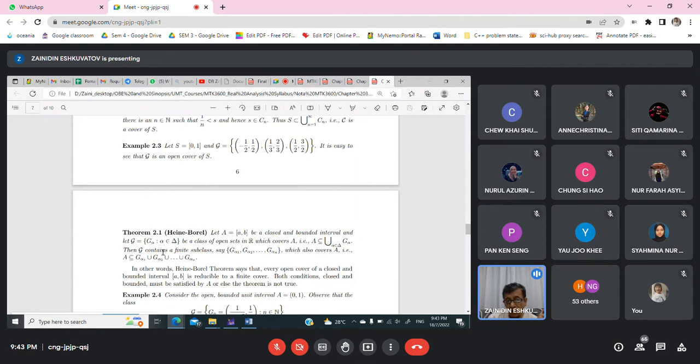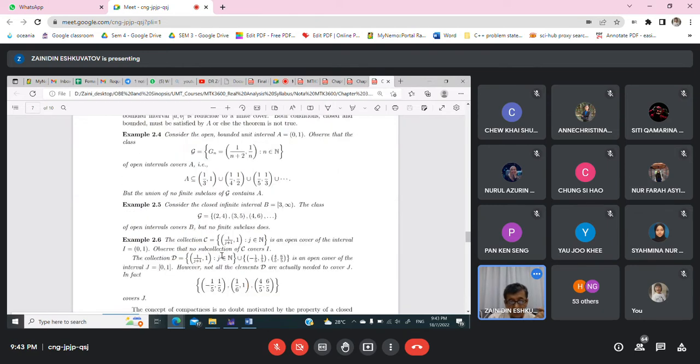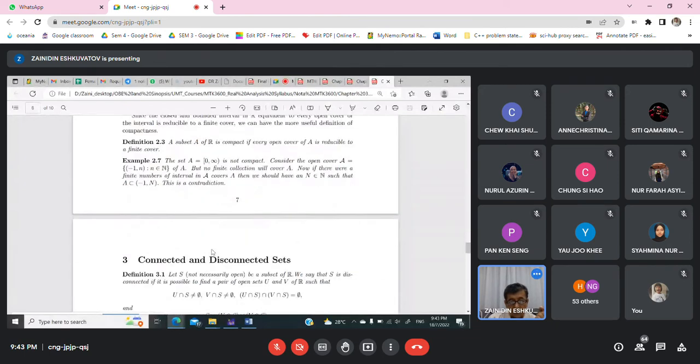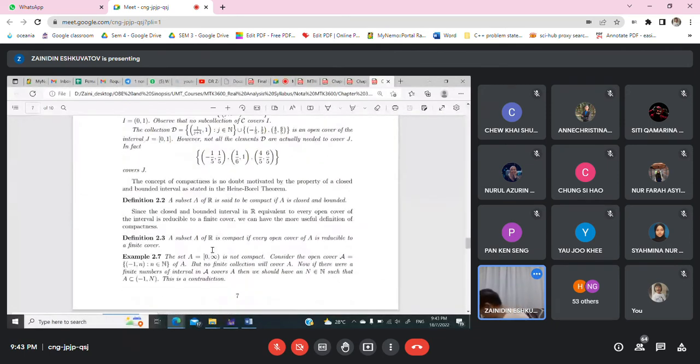Then G contains a finite subclass which also covers it. But you know, the Heine-Borel theorem says actually one important point. Then there are connected and disconnected point sets.